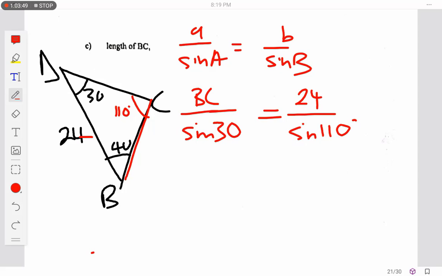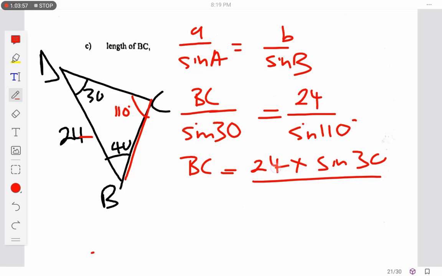So I can make BC the subject of the formula: BC is equal to 24 times sine 30 degrees all over sine 110 degrees. I've multiplied everything by that.